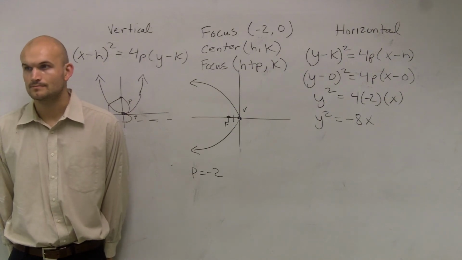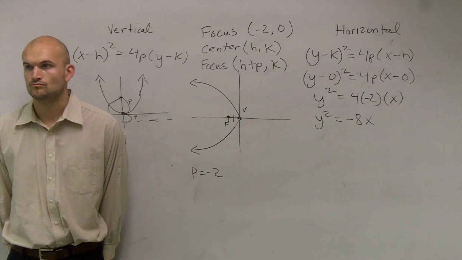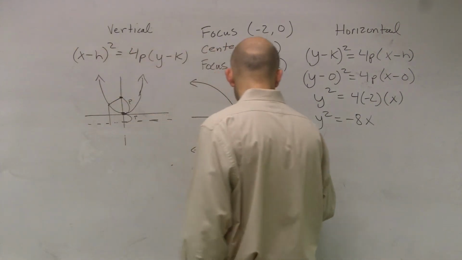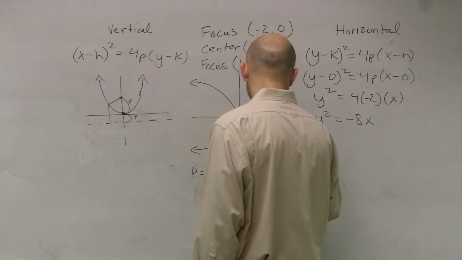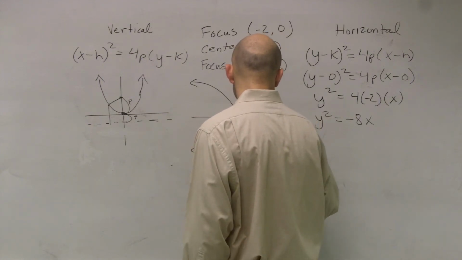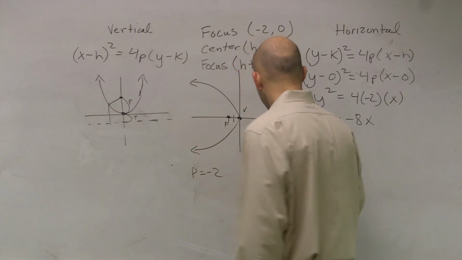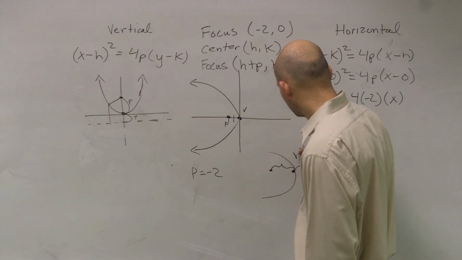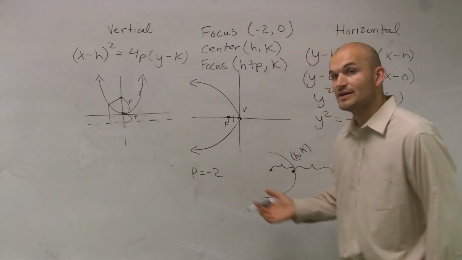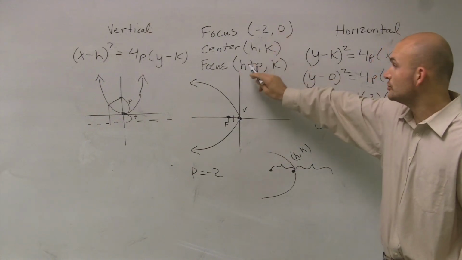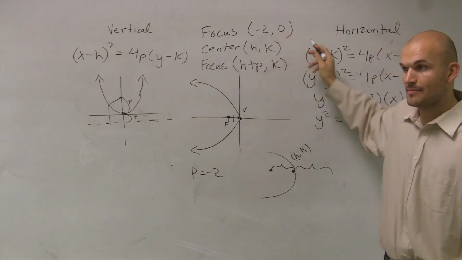Questions? How'd you get the -2 again for p? Okay. So remember, you have two distances. Here's your center, h comma k. To find the focus, you do h plus p comma k.